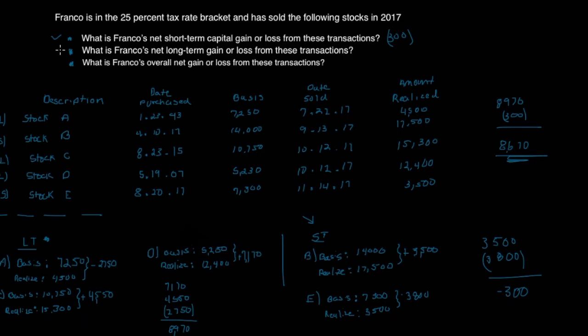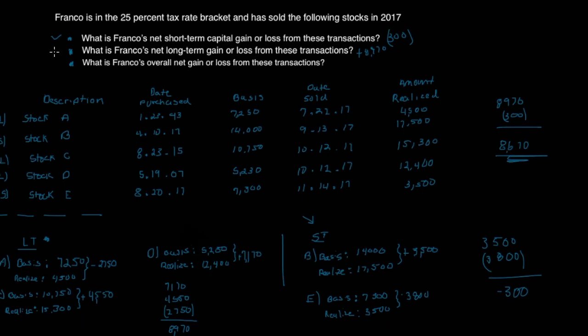Moving on, we had this one correct. We're moving on to the second one. What is Franco's net long-term gain or loss from these transactions? So we go over here to our long-term. These are all of our individual nets. So we went ahead and netted that to get our net long-term capital gain, which is 8,970, and that is a gain.